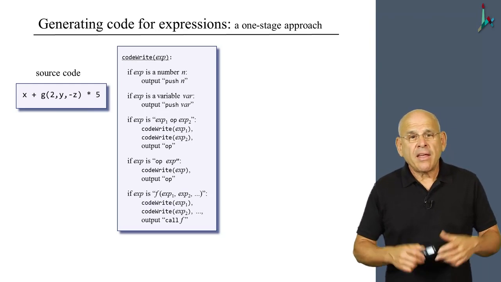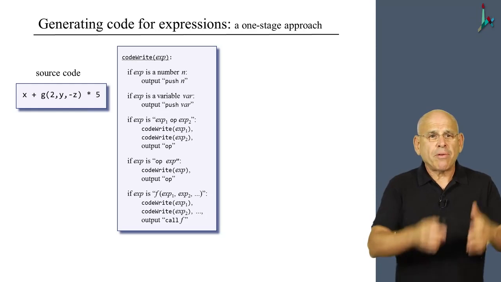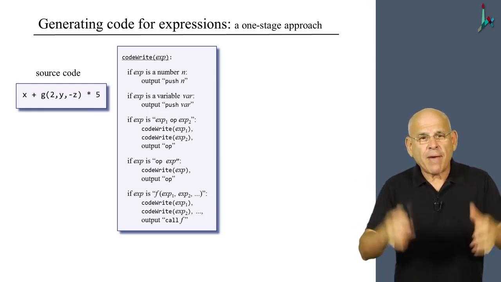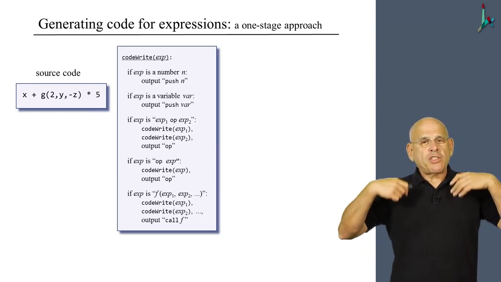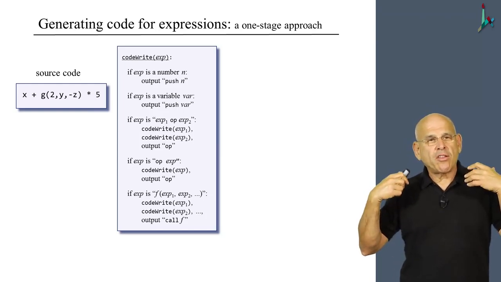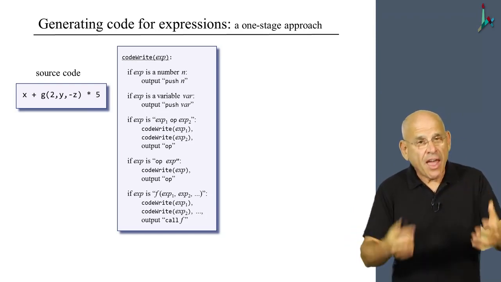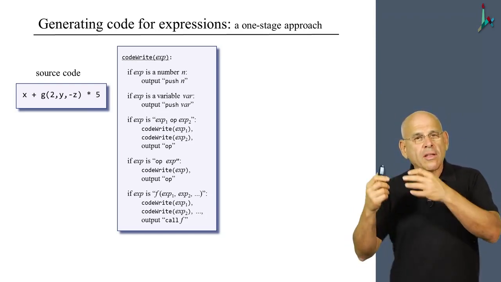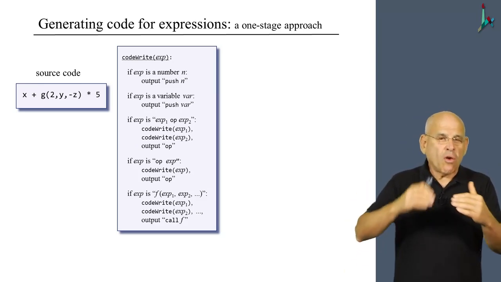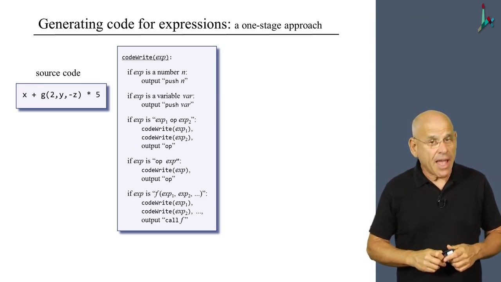And finally, if exp is an invocation of some function, for example, f applied to 2, y, and minus z, then first we generate code to evaluate 2, then we generate code to evaluate y, then we generate code to evaluate minus z, and only then we output call f. And this will apply the f function on all the values that were previously evaluated and placed on the stack.